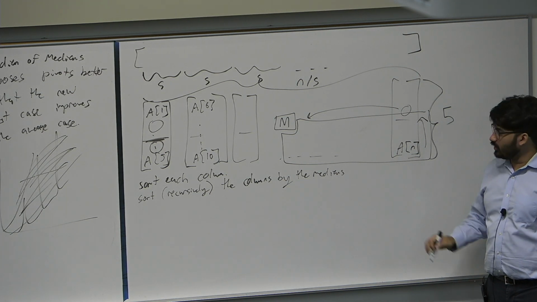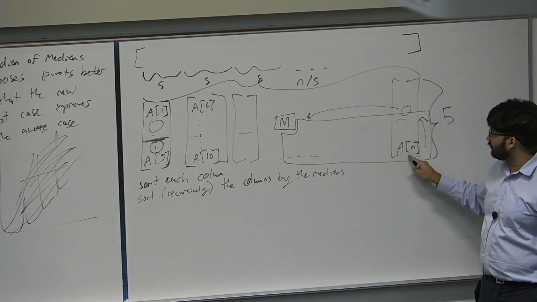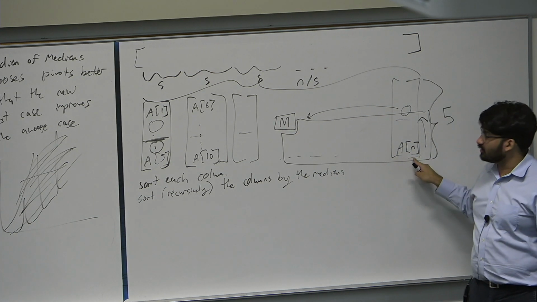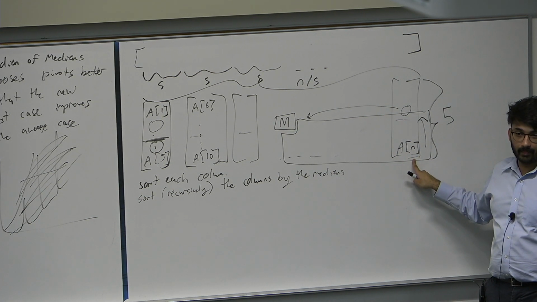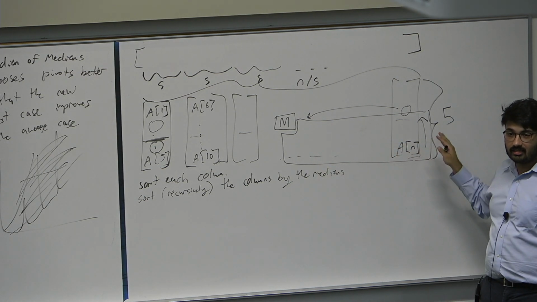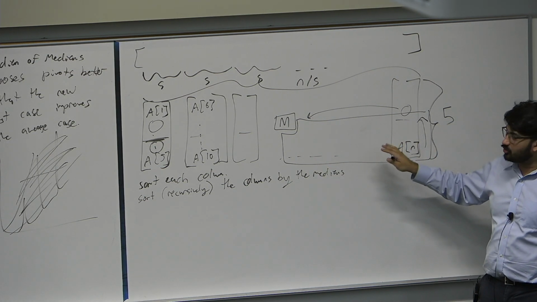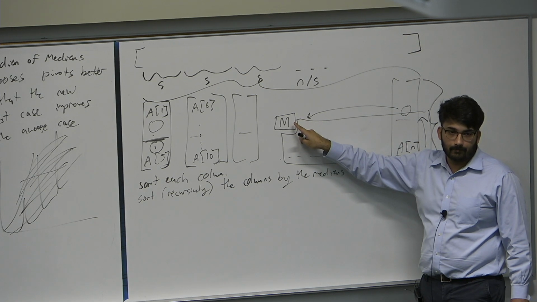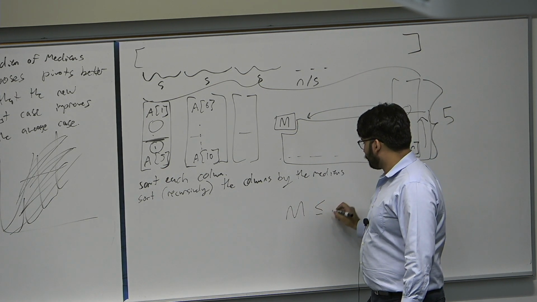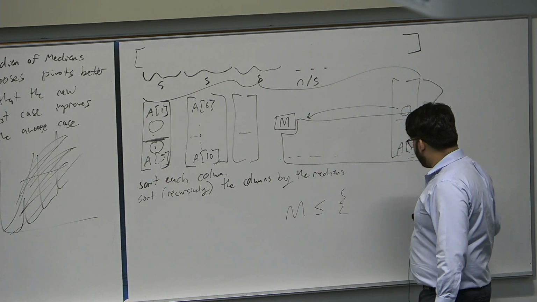Agree? So by transitivity, if this is less than this, and this is less than this, then this is less than this. So in fact, this entire quadrant-ish area is greater than or equal to the median m, right?